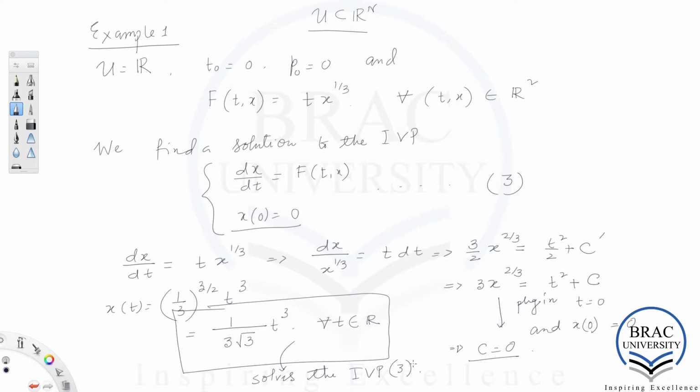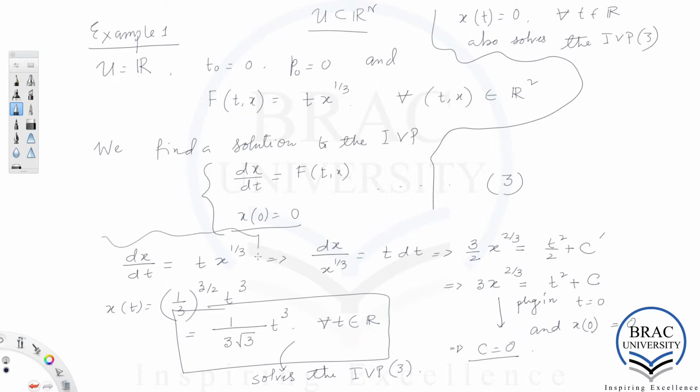So another thing to note in this context is that x(t) identically equal to 0, that is x(t) equal to 0 for all t in R, also solves the IVP. If you plug in x(t) to be 0 identically, this equation will be solved.